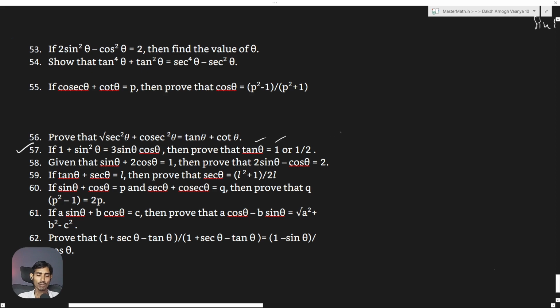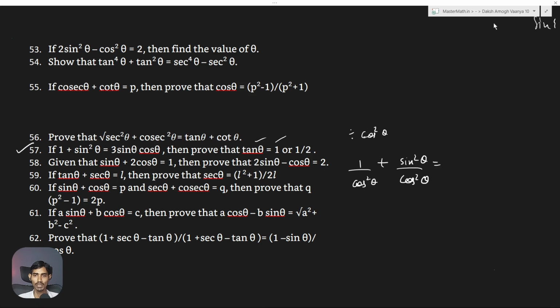Can we divide the whole thing throughout by cos square? We'll get 1 by cos square theta, sine square theta by cos square theta is equal to 3 sine theta cos theta by cos square.